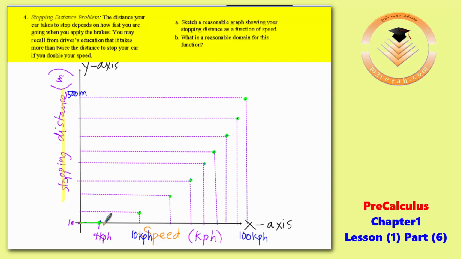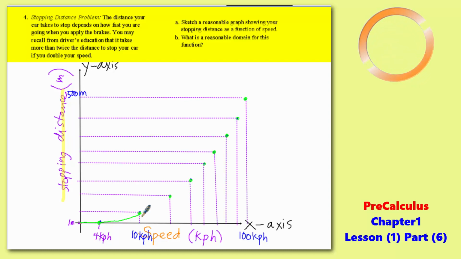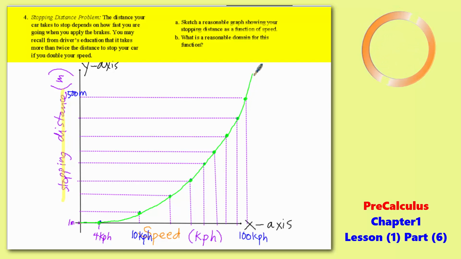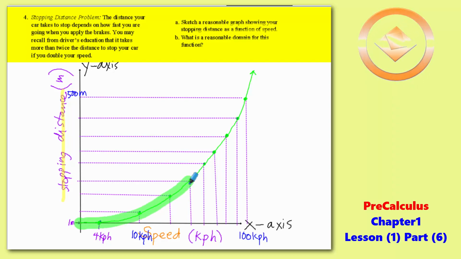It should not go lower than y equal to 0. I am connecting the points now, and I'm tracing it using a highlighter.